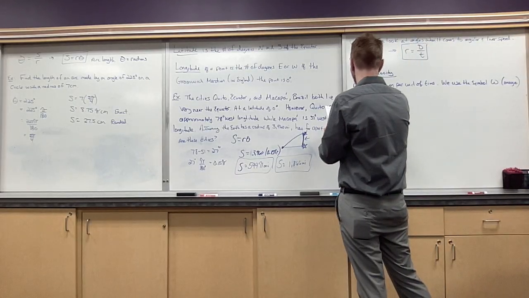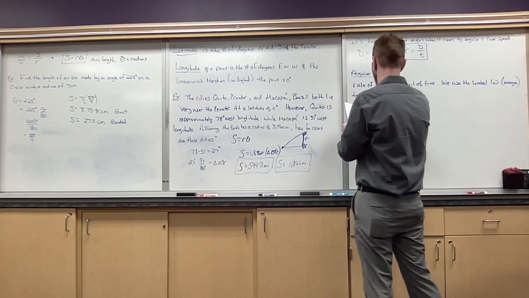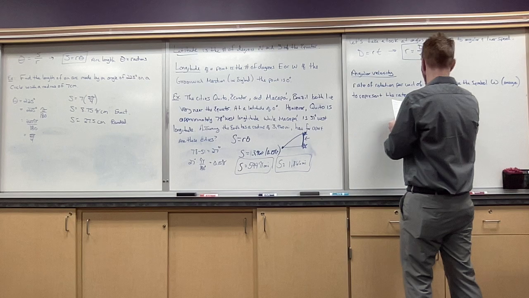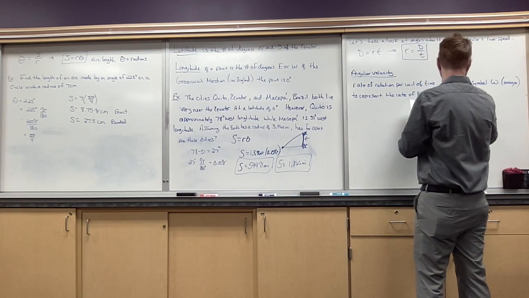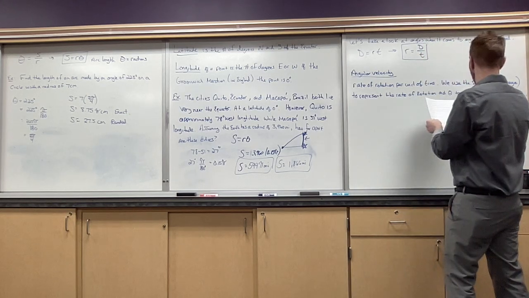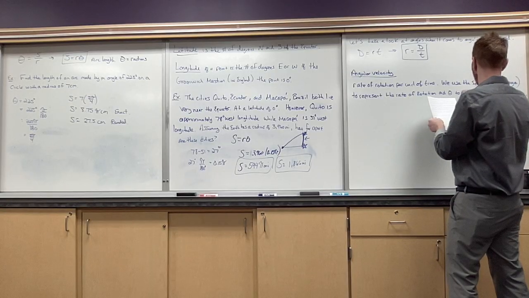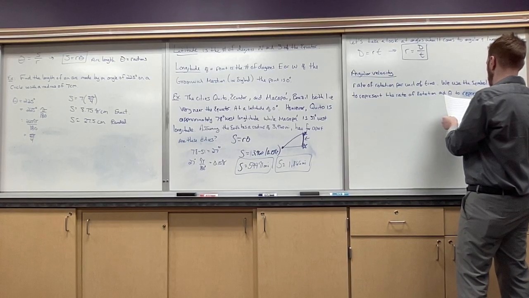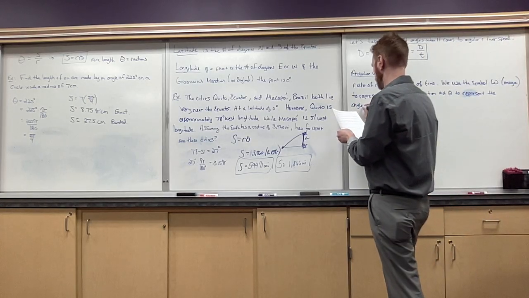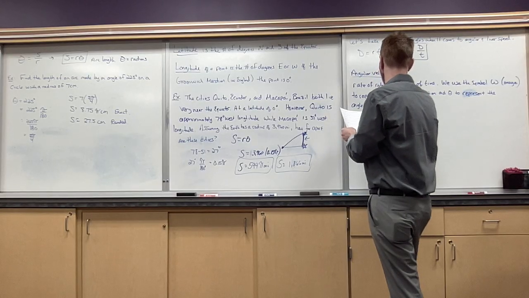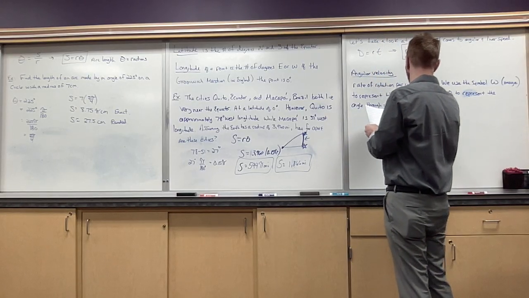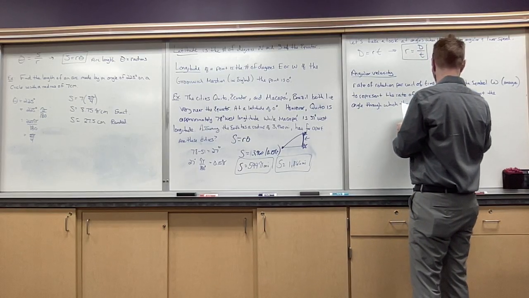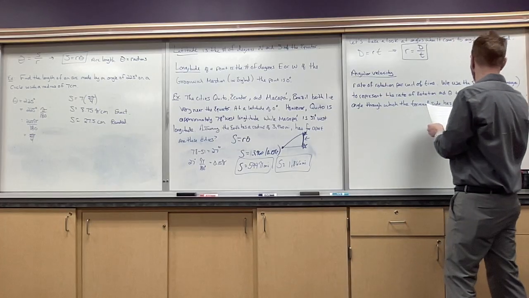So we're going to use that to represent the rate of rotation, and theta to represent the angle through which the terminal side has moved, measured in radians.